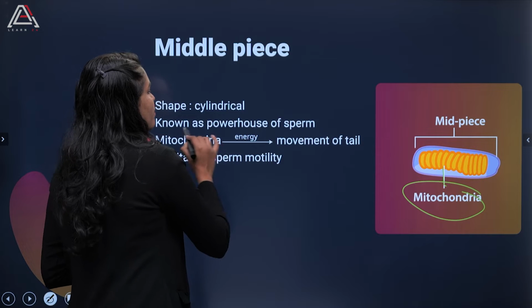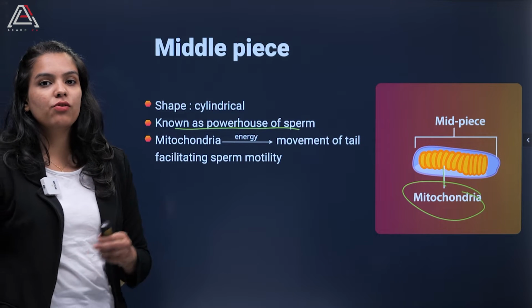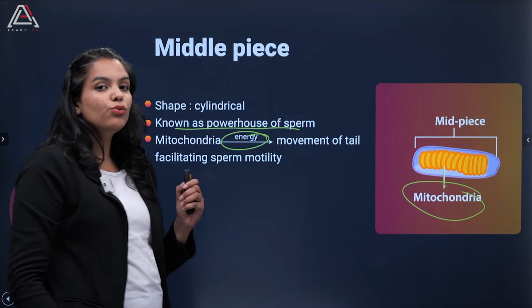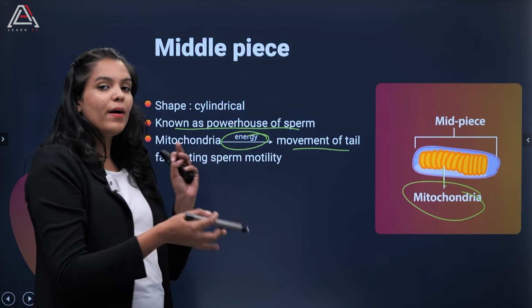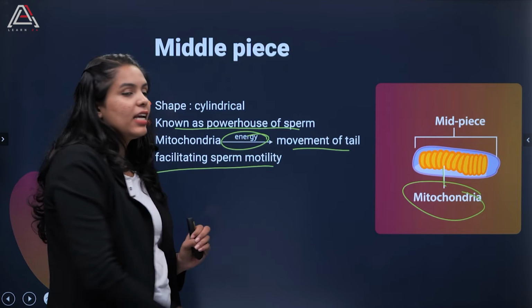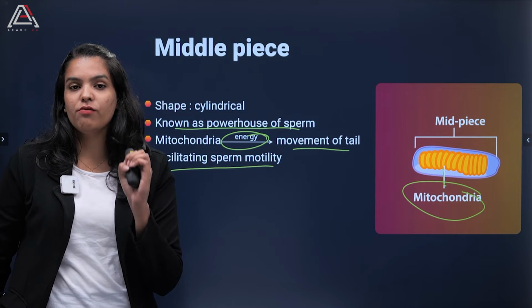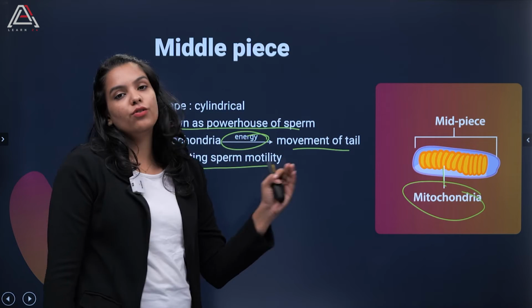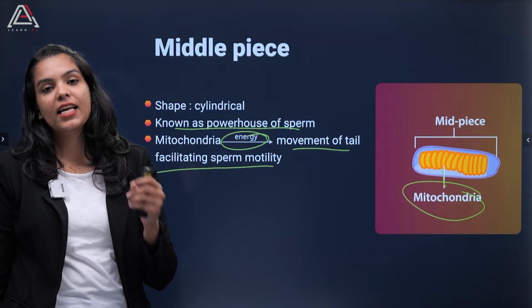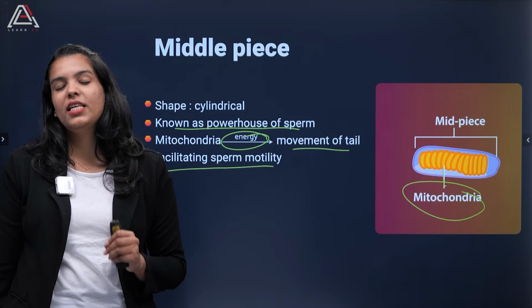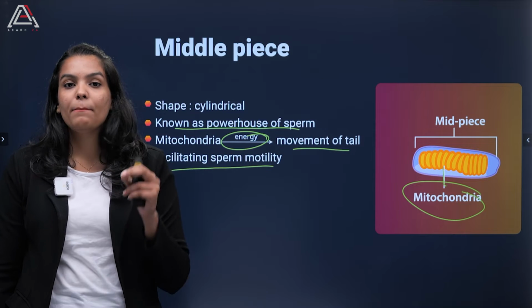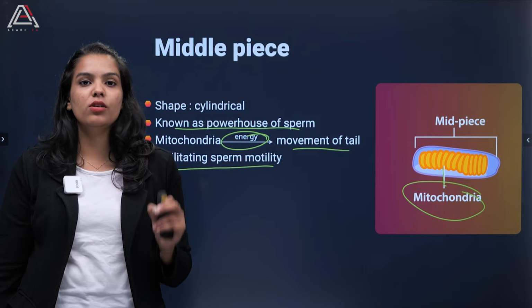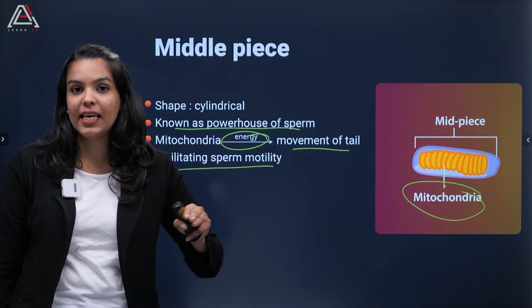Mitochondria is considered to be the powerhouse of the sperm. It provides energy to the sperm for the movement of its tail during fertilization, which facilitates the sperm's motility. So for the sperm's movement, mitochondria plays an important role, providing energy so that its tail can move.